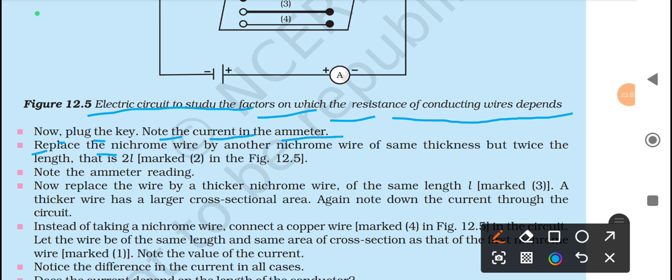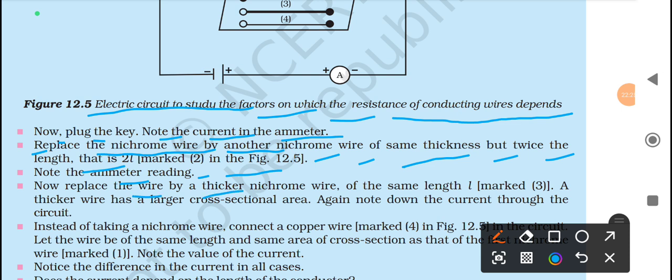Now plug the key, note the current in the ammeter. Replace the nichrome wire by another nichrome wire of the same thickness but twice the length, that is 2L, mark 2 in this figure 12.5.